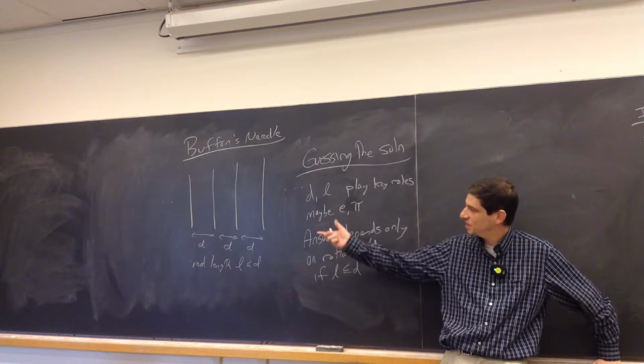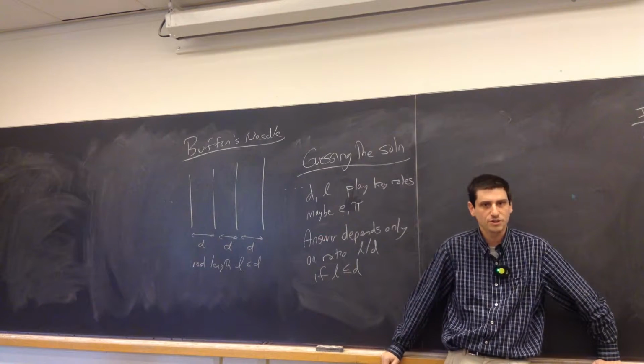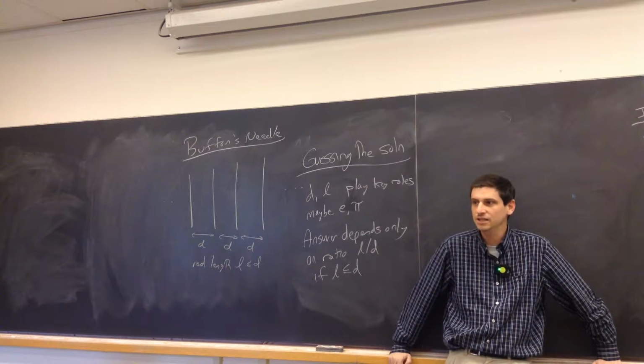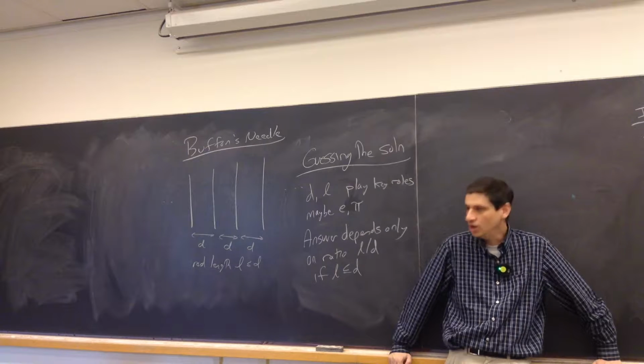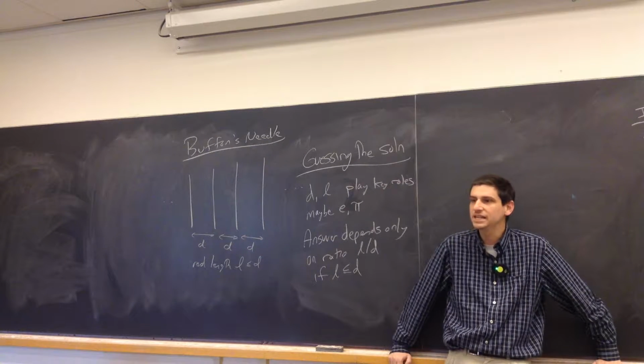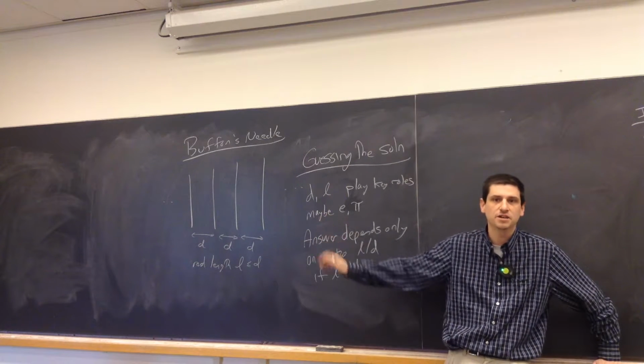And the reason is if I double D and I double L, if I triple D and I triple L, can I tell any difference? No. So before doing any analysis, we have a rough idea of the answer.